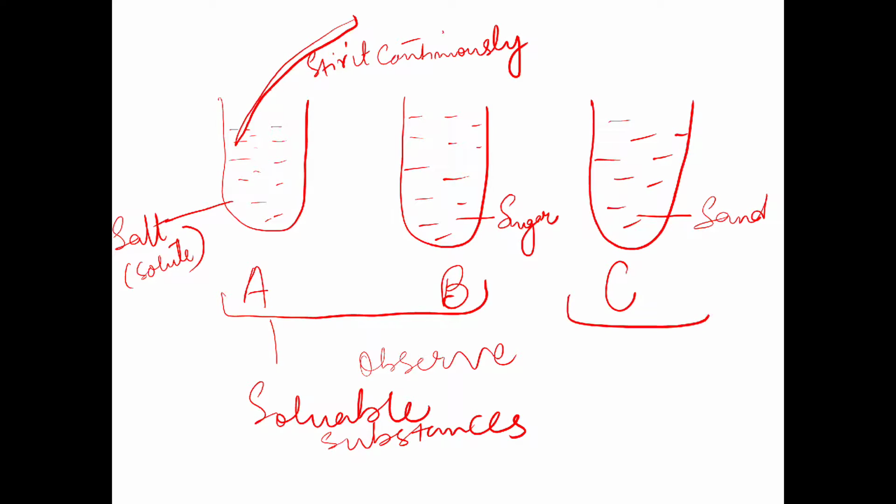And this C, where sand gets settled down at the bottom and water remains at the top, is an insoluble substance. This is the categorization of solute, soluble and insoluble.